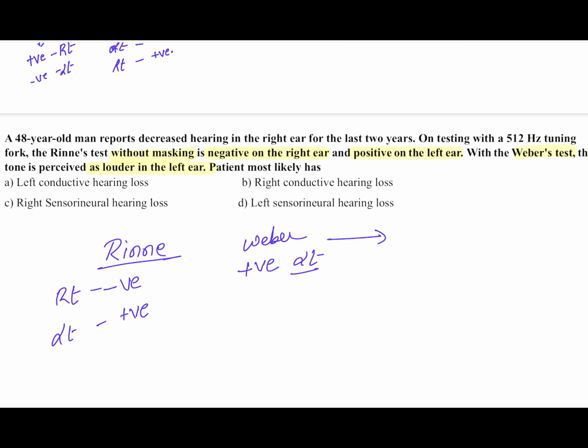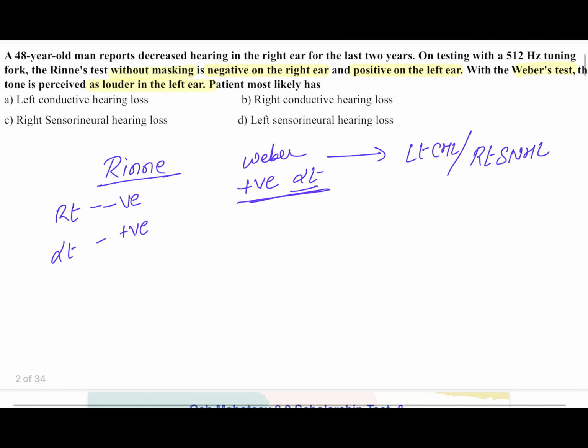Now if Weber is positive on the left side, it will tell me only two things: either it is a left conductive hearing loss, or it is a right sensory neural hearing loss. Then if Rinne is negative on the right, it can be right conductive hearing loss. So now I need to check which answer will be more appropriate.